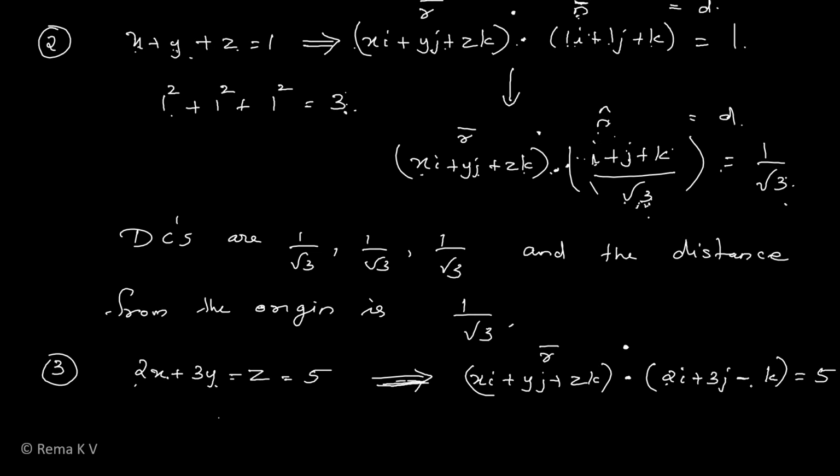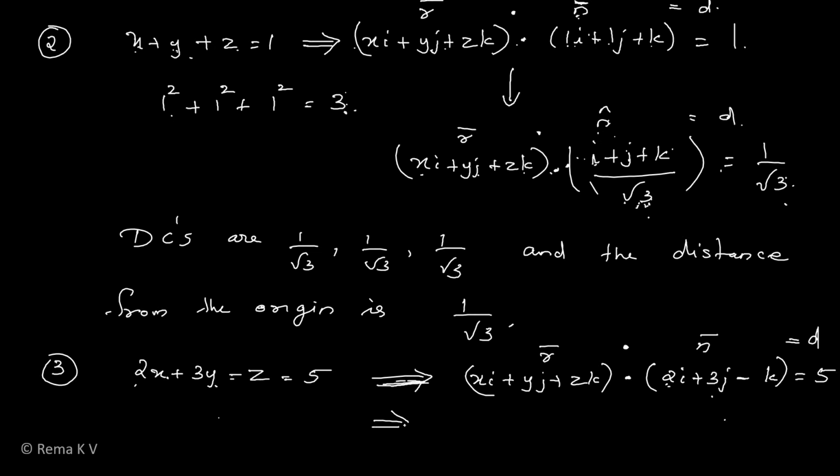It is root 14, so this is not equal to 1. So we can write this as vector n is equal to d. This is not n cap, it is vector n. So we have to change this to n cap by dividing with the modulus.